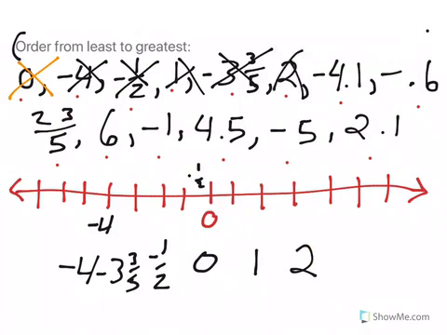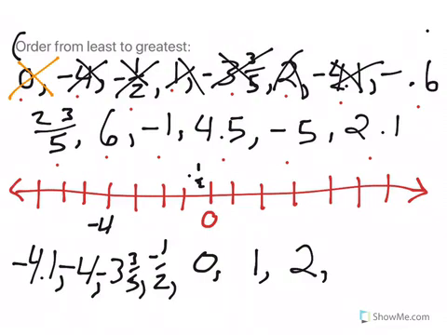-4.1. Well, if I'm going back 1, 2, 3, 4, and then 0.1 is just a little bit farther back, I know that my -4.1 is going to be past my -4. And I'm going to start putting parentheses here to make this easier to look at, which is what I should have done in the first place. That's okay. -0.6.